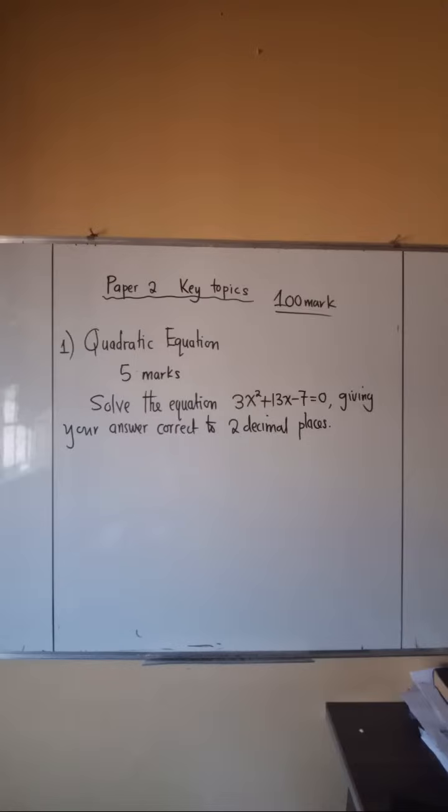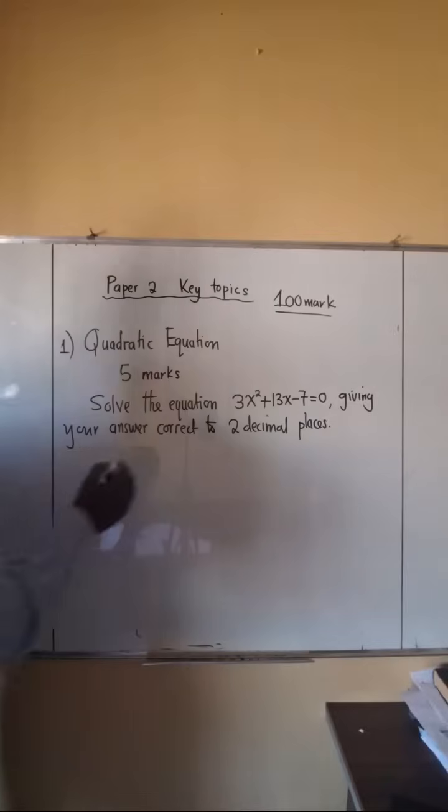The most important part is that you are not restricted to a particular method. You can use the quadratic formula or the completing the square method, whichever. But in this video, I'll just show you how to use the quadratic formula.